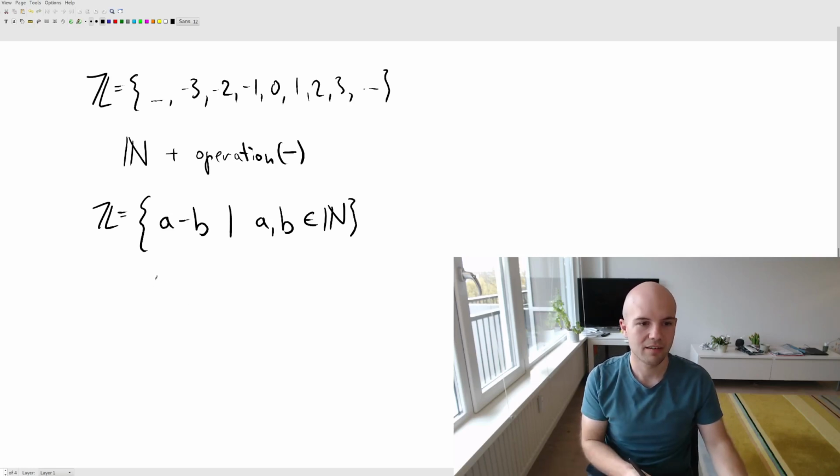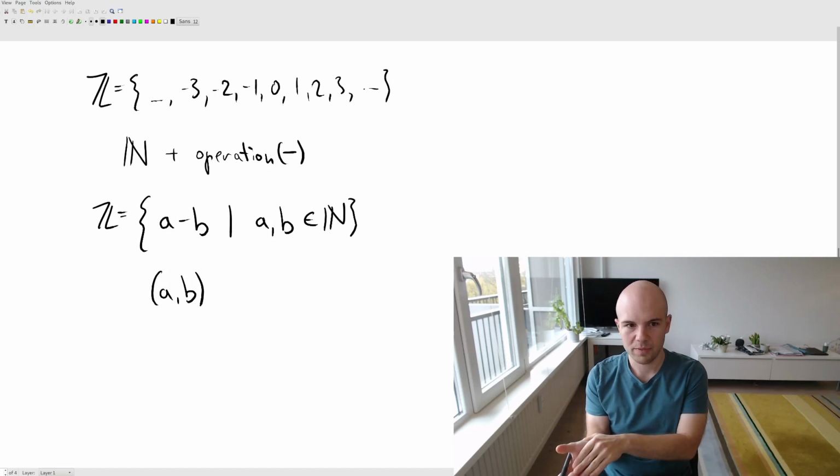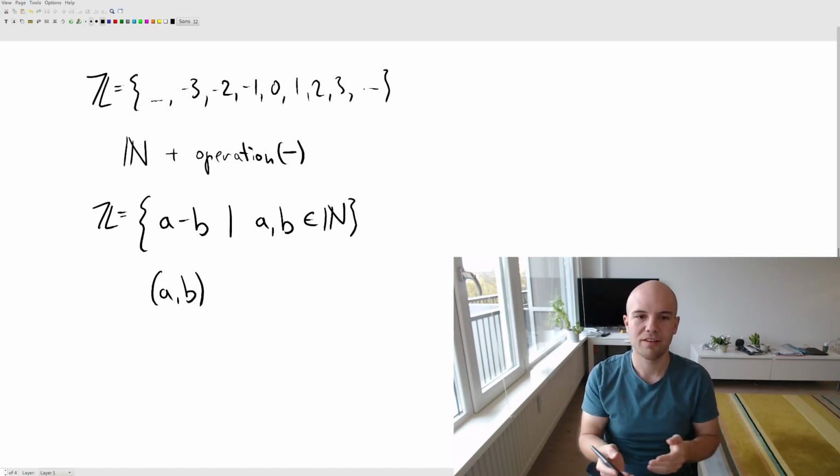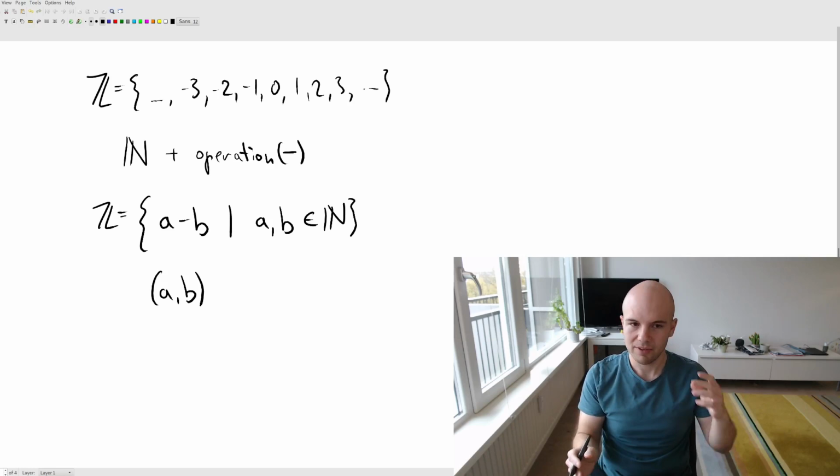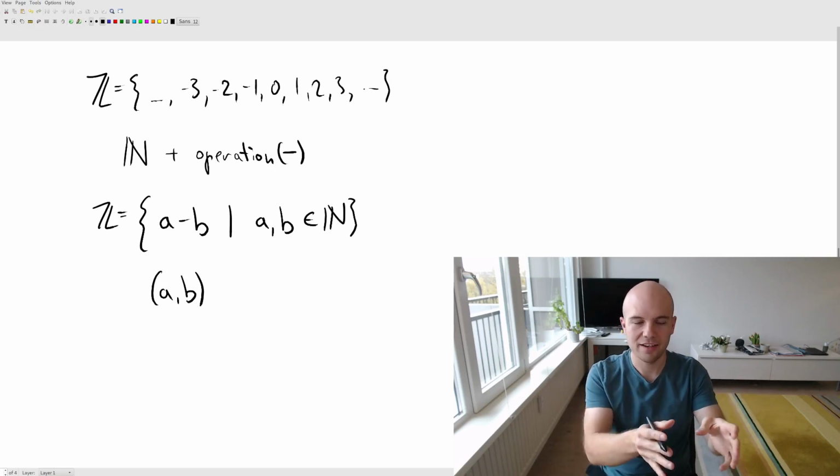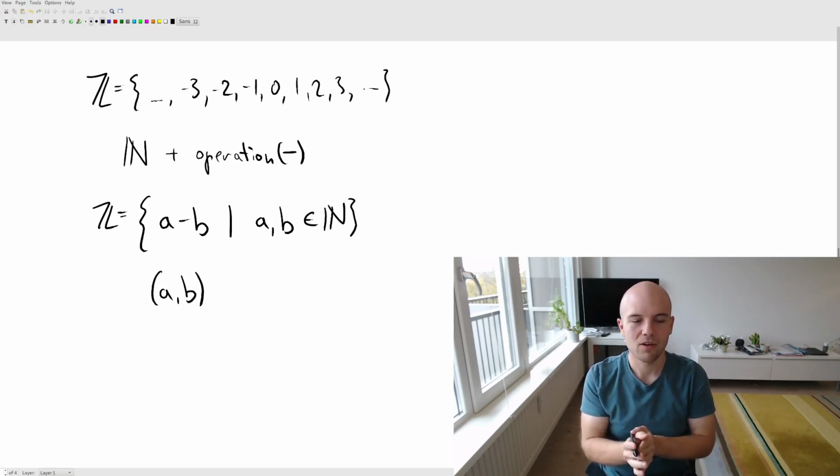Instead, we look at pairs a, b that stand in for this minus, and then we can define the integers either as a quotient of those pairs, by appropriately defining when those formal subtractions are equivalent, or by taking a subtype of some canonical representative of the equivalence classes.